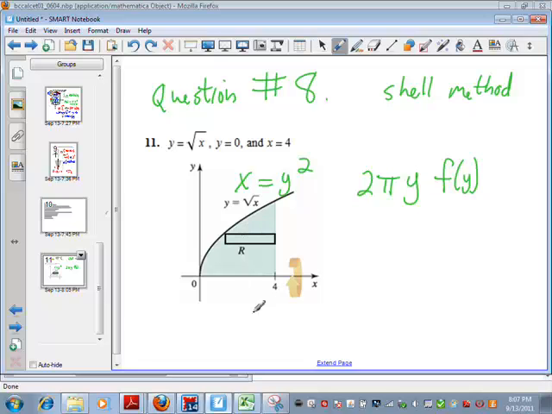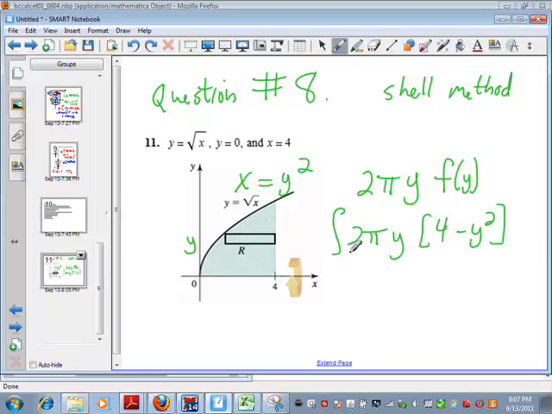When you rotate this around, the radius is just y, and the height is this distance, which is 4 minus y squared. So it's 2 pi y times 4 minus y squared.